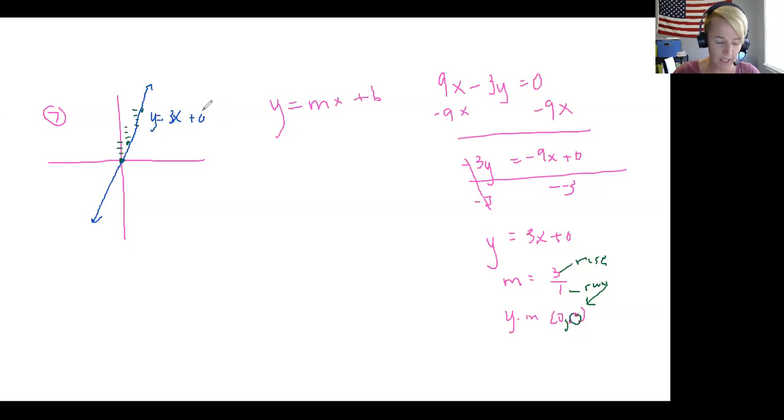16 through 19, it says find the slope of the line defined by each pair of points. So for number 16 through 19, you're going to do the business where we said m equals rise over run, and then y sub 2 minus y sub 1 over x sub 2 minus x sub 1.